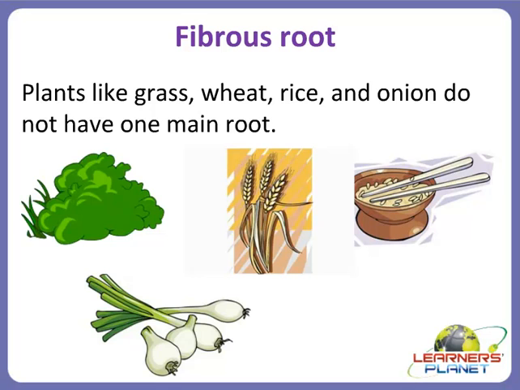So children, the second main type of root is fibrous root. So children, plants like grass, wheat, rice and onion do not have one main root. Okay children, always remember that taproot has only one main root, but fibrous root does not have one main root.